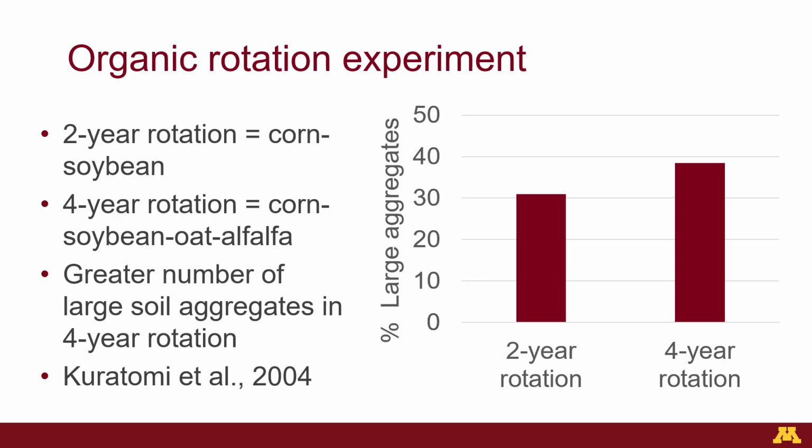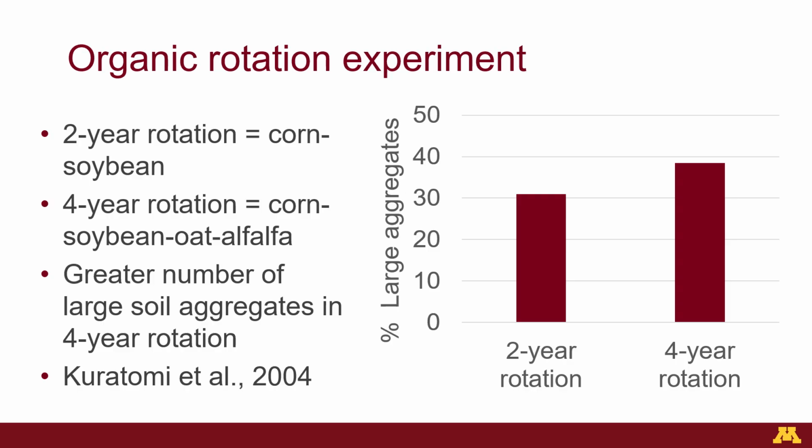An organic research study conducted in Minnesota compared 2-year and 4-year rotations. In this chart, you can see the difference in the percentage of large soil aggregates, an indicator of soil quality, in 2 different organic rotations.